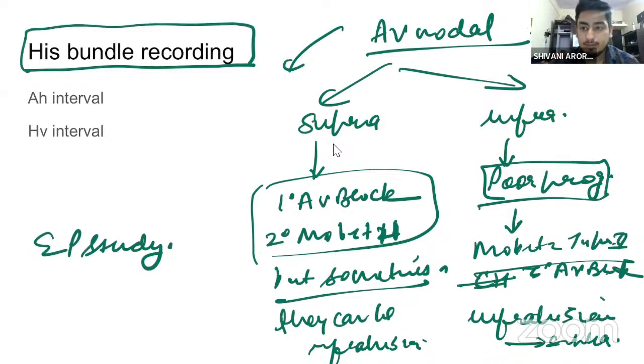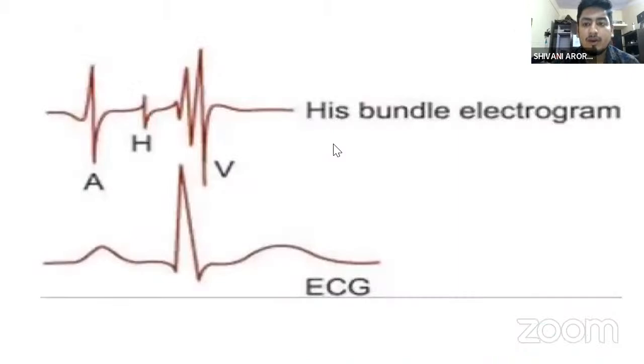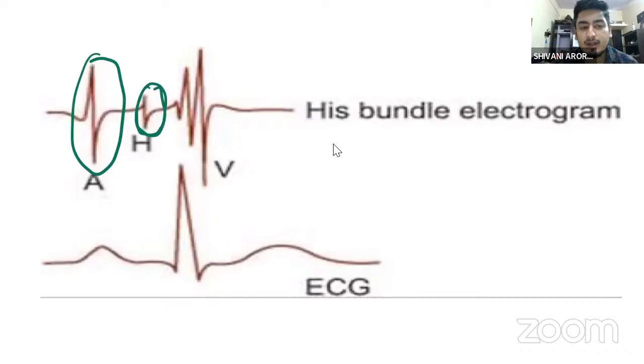Okay. So what is His bundle electrogram? His bundle electrogram is somewhat like this. We have this A complex because of atria depolarization. Then we have this H complex due to depolarization in His bundle.